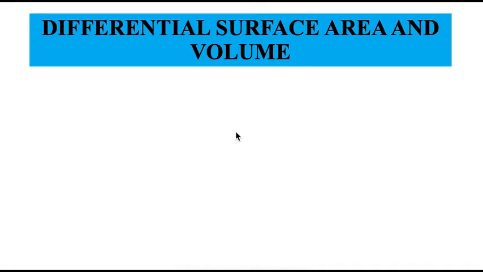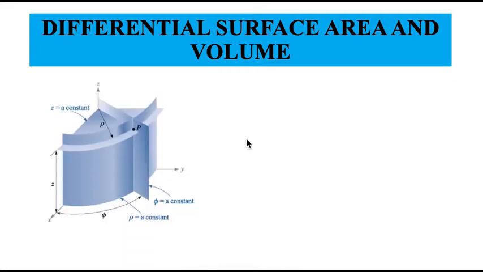In differential surface area and volume, we will see where all my things, I mean r, theta, phi and z, are constant. So the unit vector along r means keep theta constant and z constant and change r. So I am now going to draw a general point on the cylinder at some height z, and we have come to some angle phi.